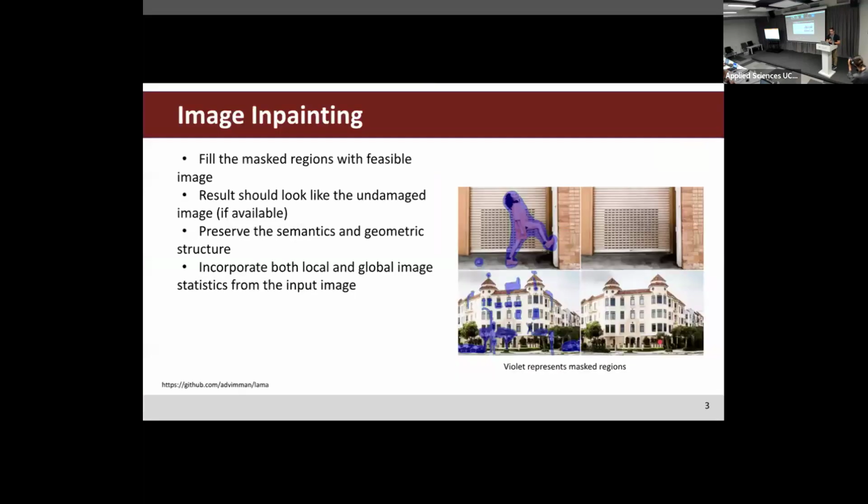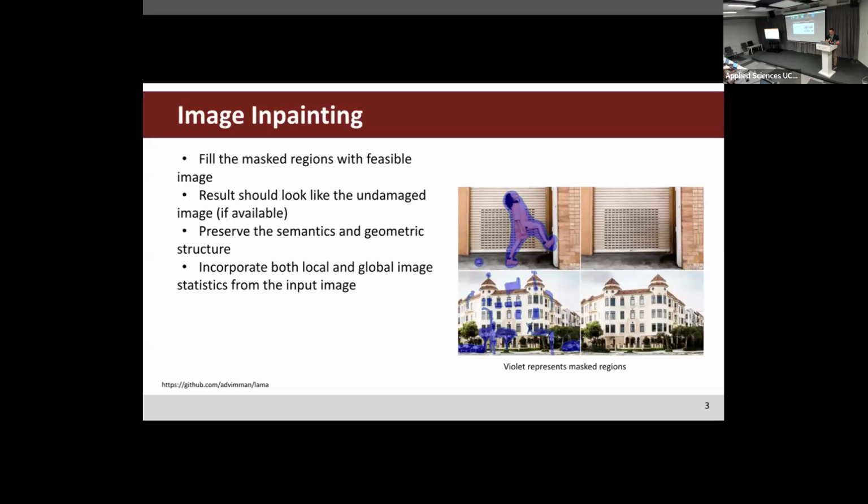So in this thesis, we consider the image inpainting task, which is the task of filling data in the masked regions with feasible results. This is an ill-posed problem, meaning there could be more than one correct result, and it's often impossible to restore the true input information during inference, which makes this task complicated.